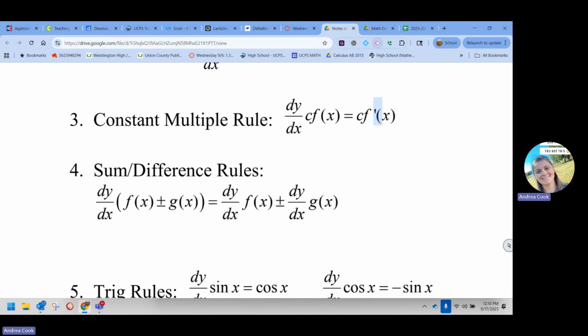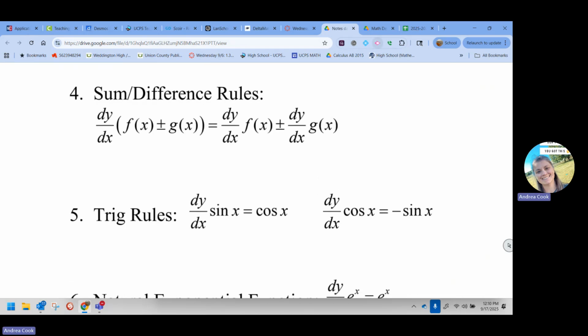This derivative does not end up being 0 times something else. When you take the derivative of a constant by itself, it's 0. But the derivative of a constant times something else is the constant multiple rule, and the constant stays with the problem. I'll show you what I mean in just a second.